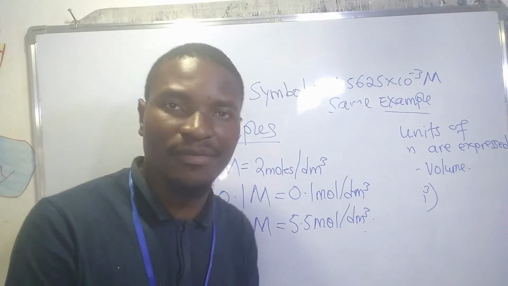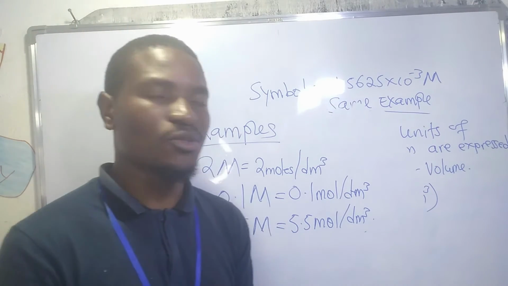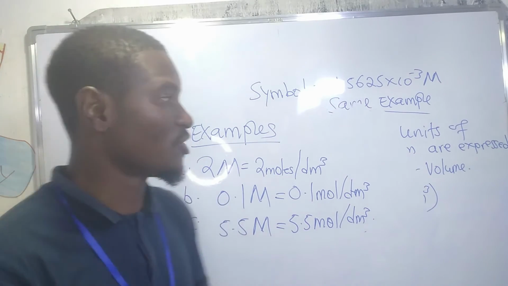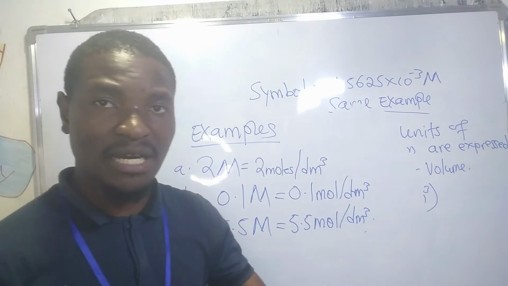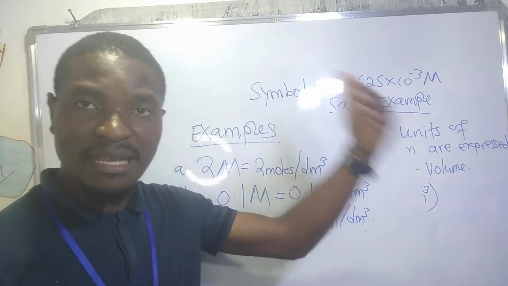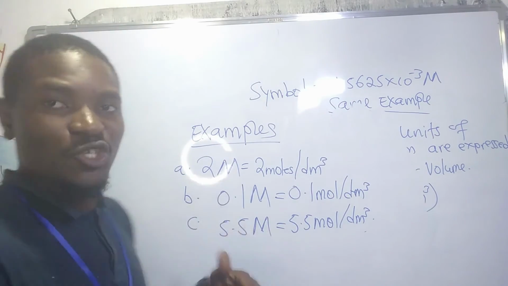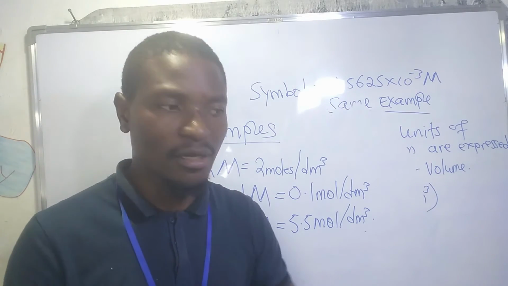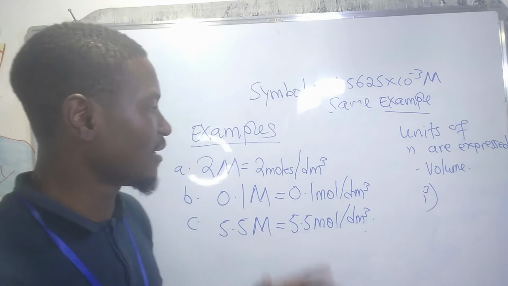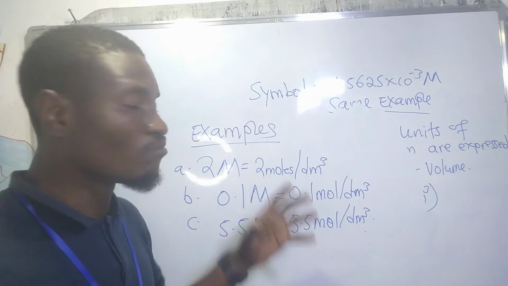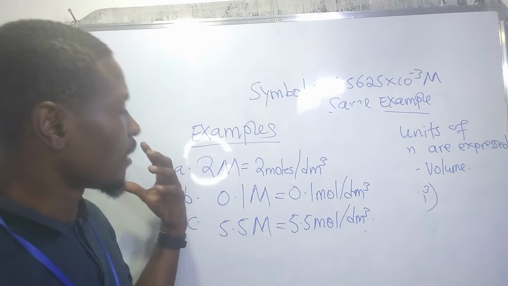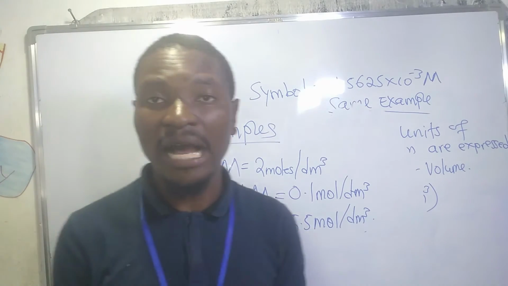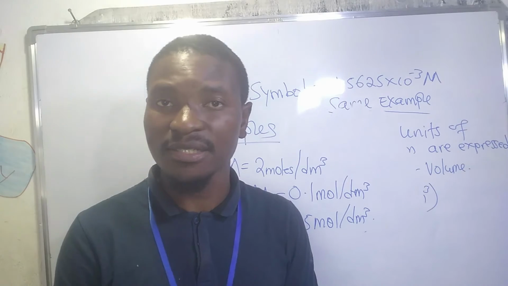It's just the same thing, but without wasting much time, the units can be written as whatever the number of the concentration is, and after the number you put the capital M. Anyone who has done concentration or the mole concept will understand that when I say 2 molar, I'm talking about molarity. So that's how you can go about understanding that.